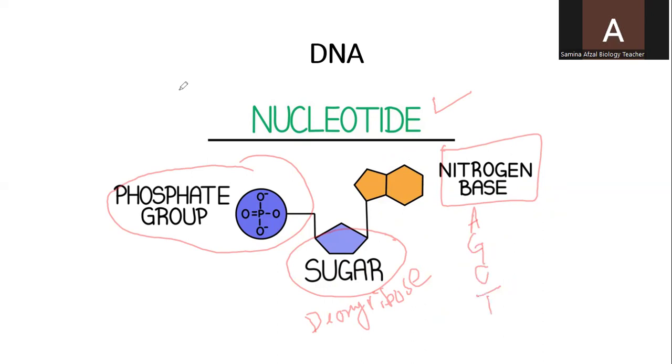So the addition of one nitrogen base, deoxyribose sugar, and phosphate group makes up one nucleotide molecule, and many nucleotide molecules join together to make one DNA molecule.